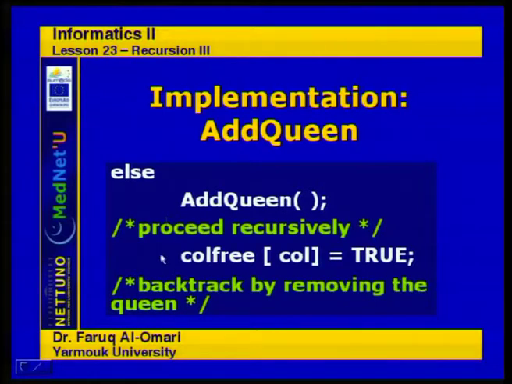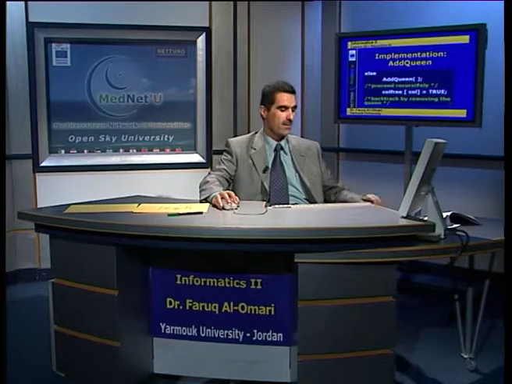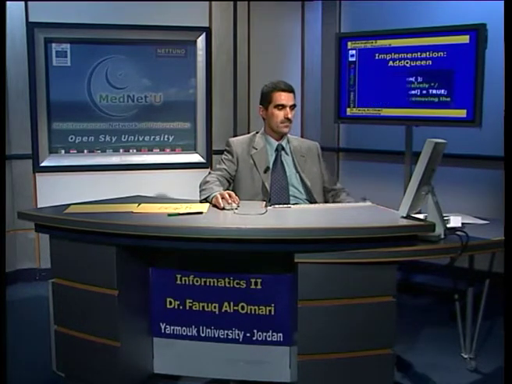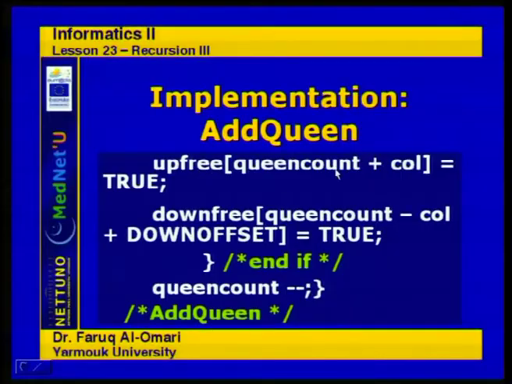Otherwise, I'm going to call add queen again. And basically, it's going to go through the same thing again and again. So in that case, I'm going to make this available, and this available, and this one available.